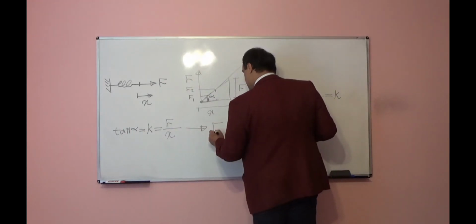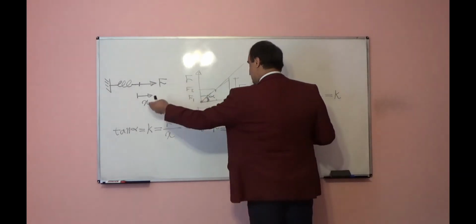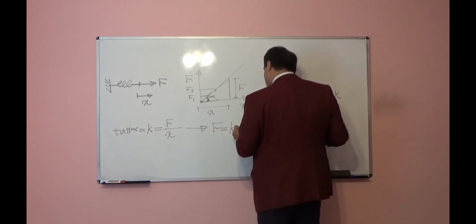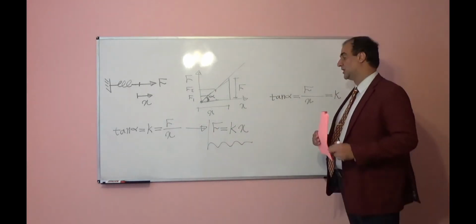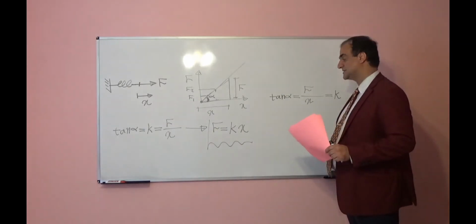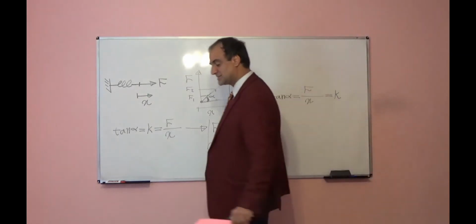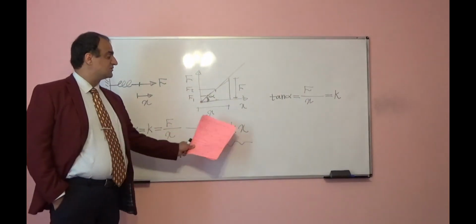From here, the formula for a linear spring, the relation between F and X, is F equals K times X. This is the spring formula, and Hooke developed this relation. You see the force and displacement are proportional. So F is equal to Kx.